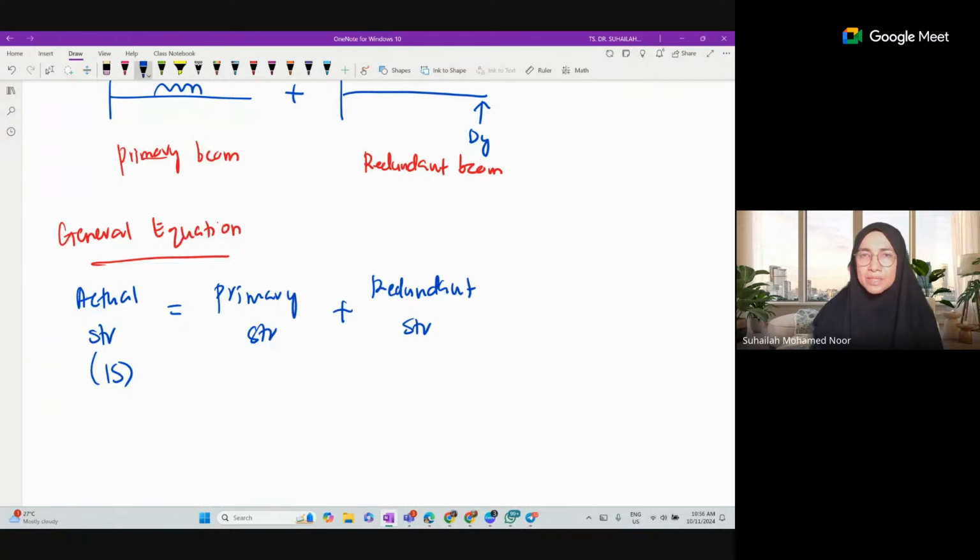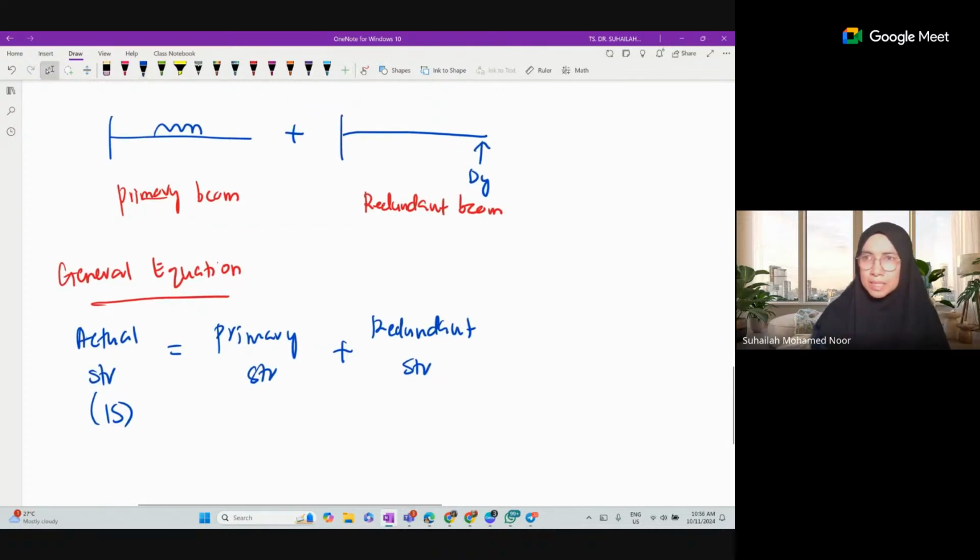The idea is we superimpose, where we remove Dy and we put back Dy in another diagram. The structure after removing the redundant is called the primary structure, and the primary structure is a determinate structure, and we have to apply back Dy into one system, same type.